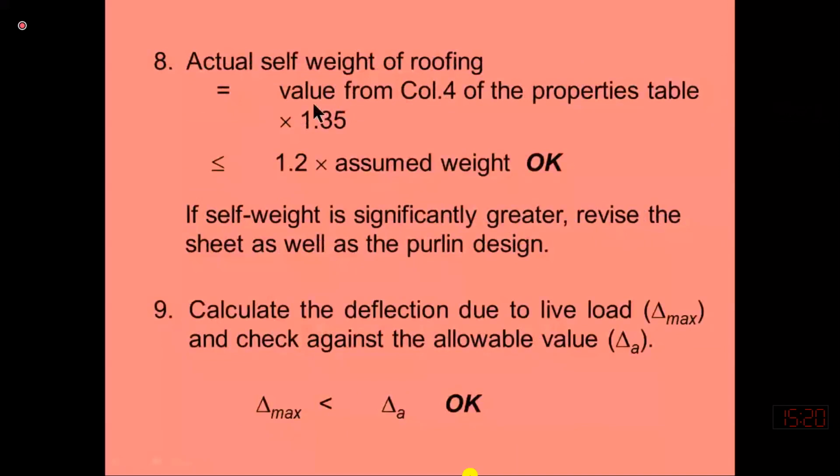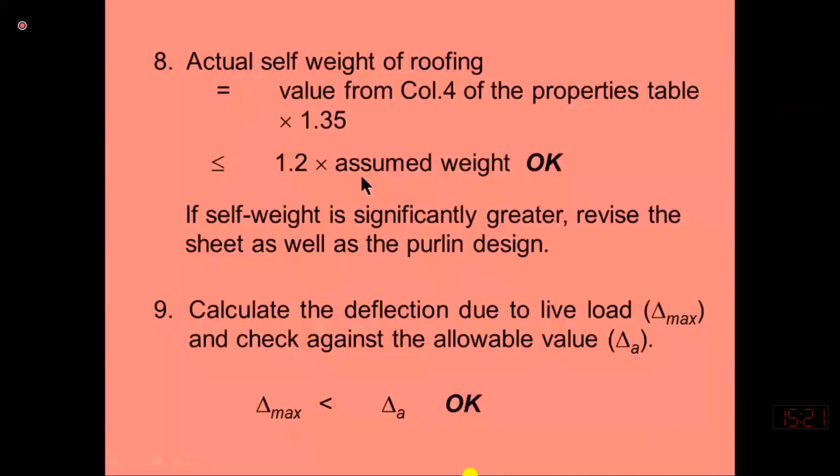So we are assuming that the weight of the actual sheet is 35% more as compared to the flat sheet, and this weight should be less than or equal to 1.2 times the assumed self weight. If this check is satisfied, then our self weight check is okay.